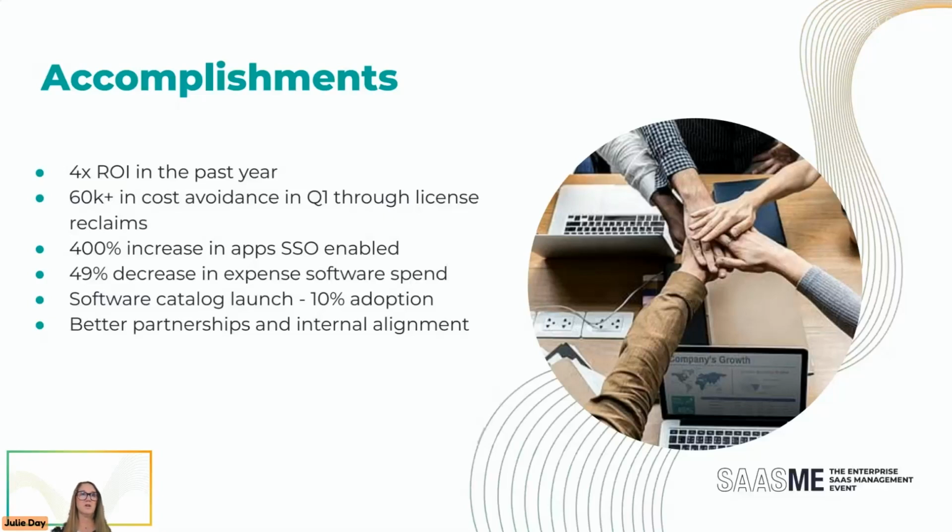And this is a combination of being able to identify applications that are redundant, and being able to eliminate applications that aren't in use and consolidate applications that have the same functions. In Q1 alone, our team was able to reclaim 60K in license reclaims, which is awesome.